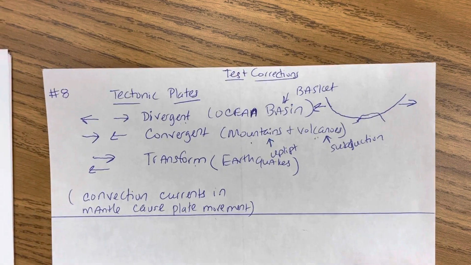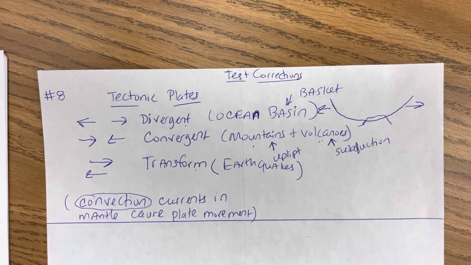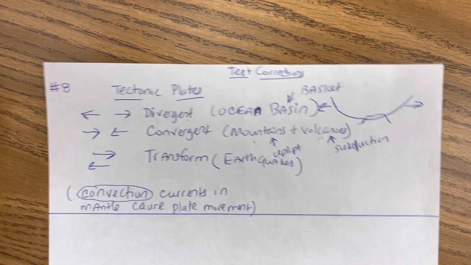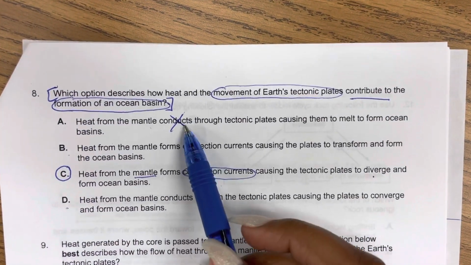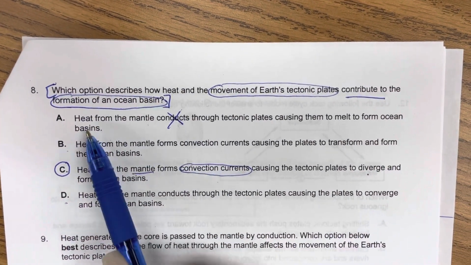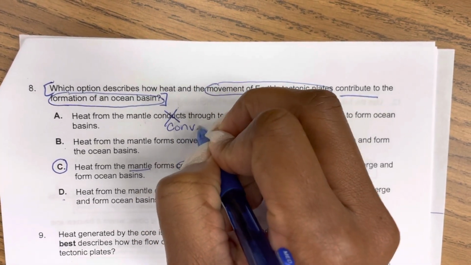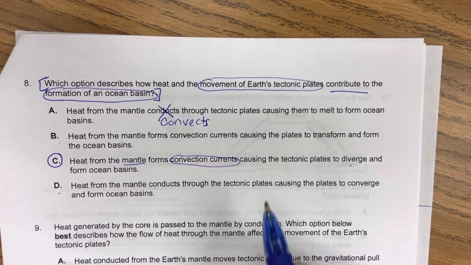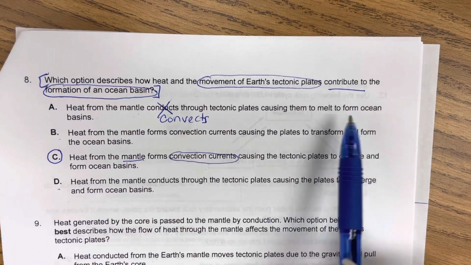So in this process, we talked about convection is the form of heat transfer that is happening here, not conduction or radiation, okay? So conducts would have been the word that made this answer choice incorrect. So heat from the mantle does not conduct, it actually convects, or convection is happening, okay? Through tectonic plates causing them to melt to form ocean basins.